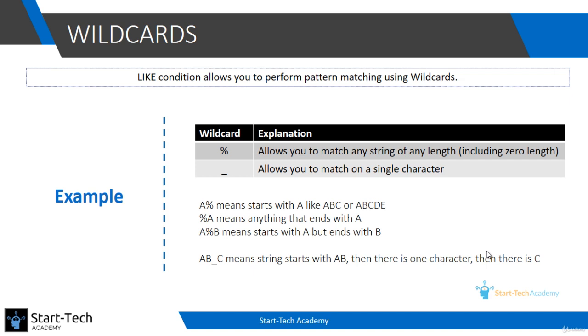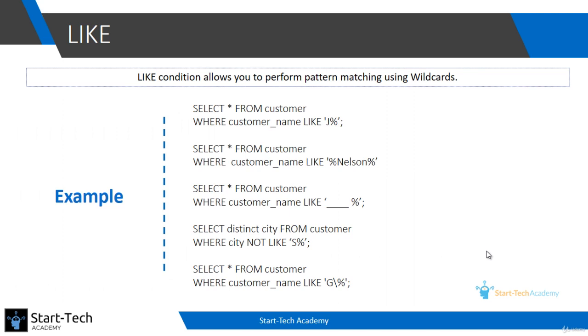In the fourth example, I am showing you the use of the underscore symbol. ab_c will mean the string is starting with a and b and ending with c, and between b and c there is only one single character, so it is a 4 character string. So let us use this in examples and try to find patterns.